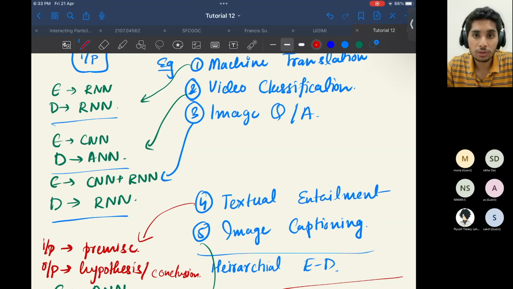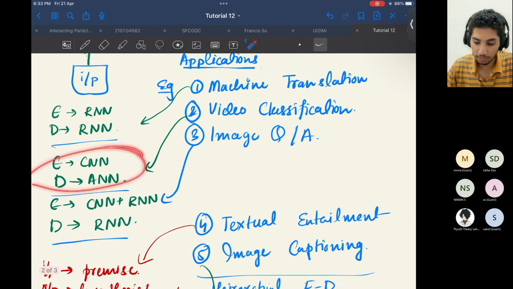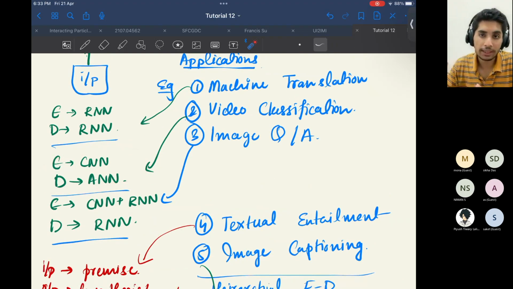That is where video classification comes into place. You have CNNs at the end of the day, however we will have recurrent CNNs. So that is RNN of the CNN. Is that clear? The two things are different. Thank you very much.